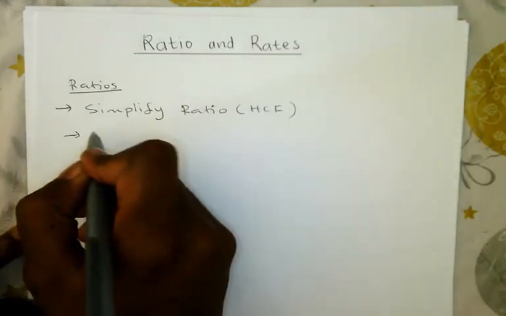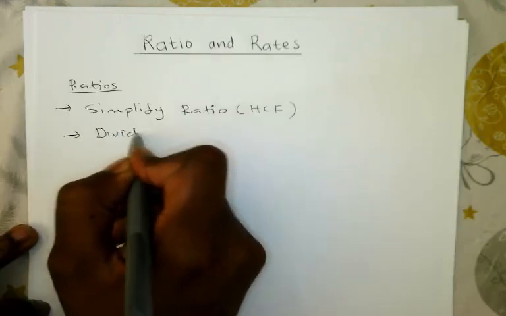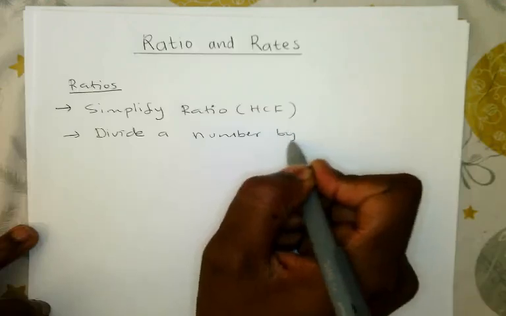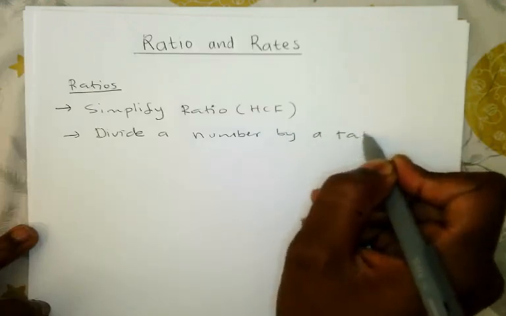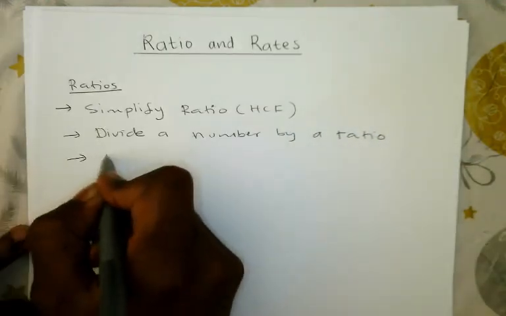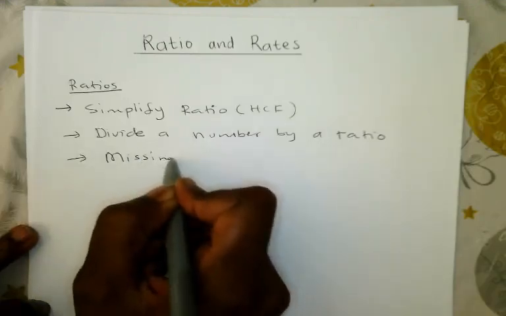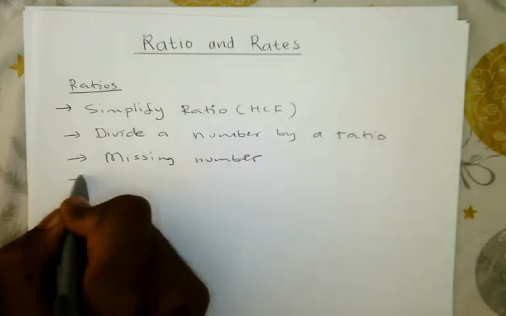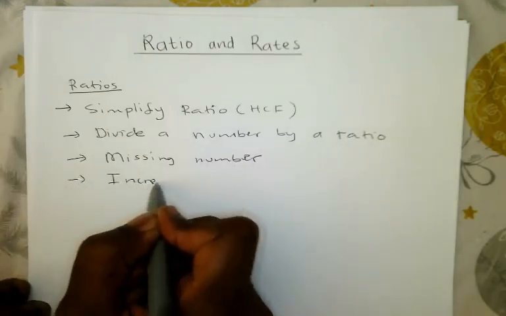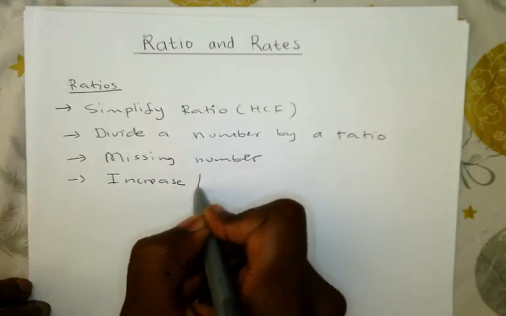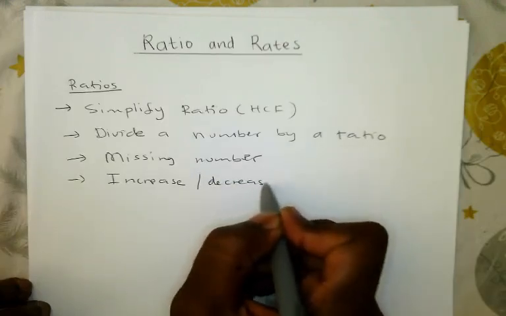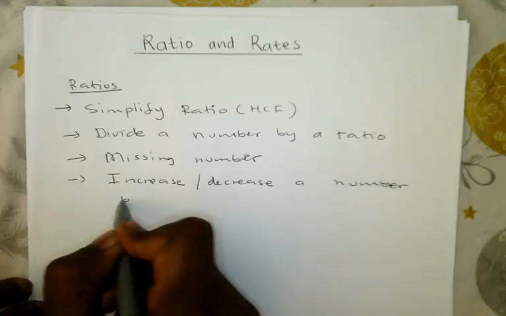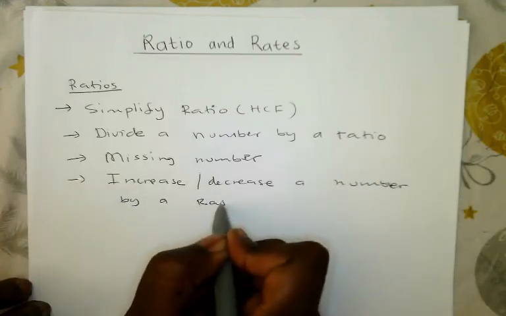You need to be able to divide a number by a ratio. You need to be able to find the missing number when given a ratio. You need to be able to increase and decrease a number by a ratio.